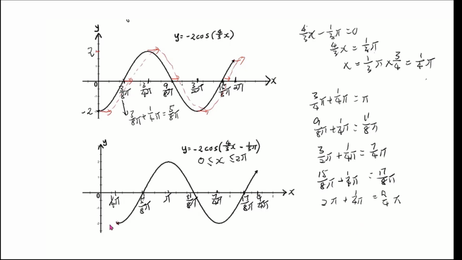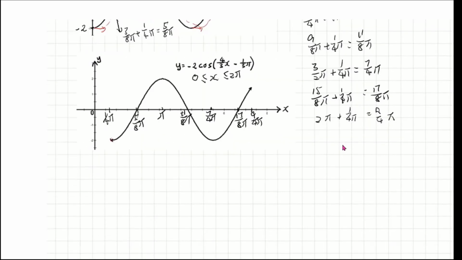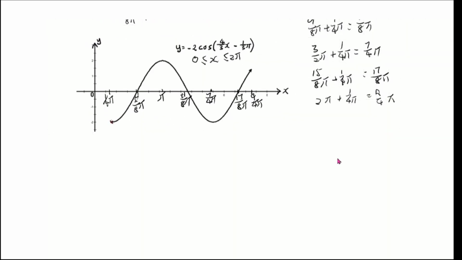Now we look at the left hand side. In order to replace this missing part, what we need to do is calculate the value of the function when x is equal to 0, where we need to find the y-intercept. So we calculate when x is equal to 0, y is negative 2 cos.